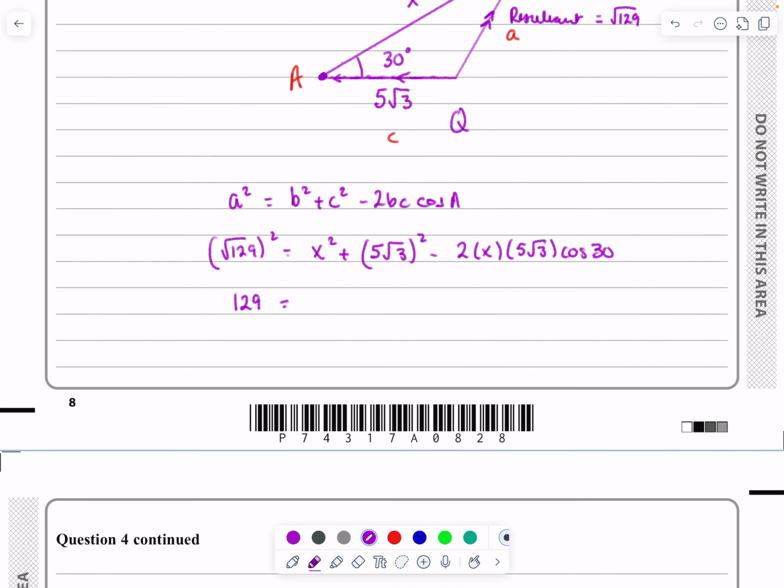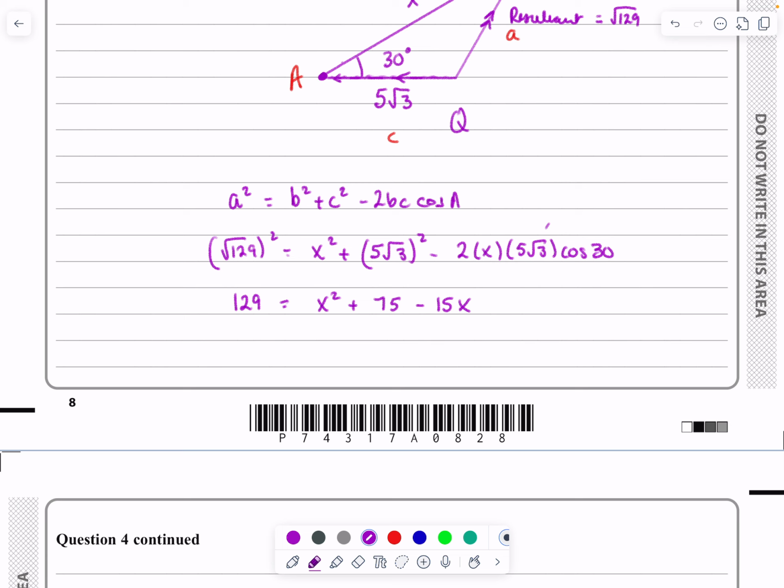That's going to be 129. That's going to be X squared. 5√3 squared is okay. That works out to be equal to 75. And now here, the fact that cos 30 is root 3 over 2 means that the root 3 and the root 3 will go. Just put it into your calculator and you'll see that what that all comes out to is just minus 15. And the X, of course.